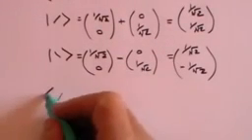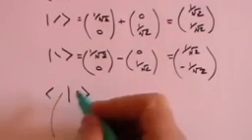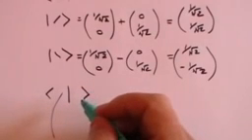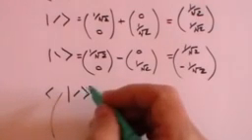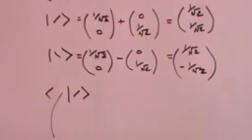What is the probability if I prepare the photon in the forward slash state? What is the probability that it will go through a polarizer in the backslash state? Now those two polarizers are at 90 degrees. So we know the answer. Nothing will go through.